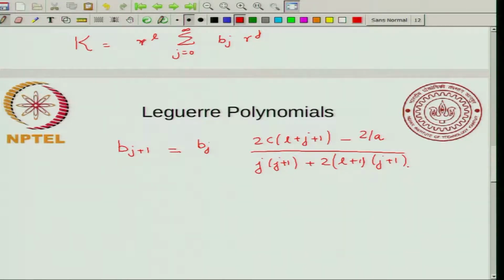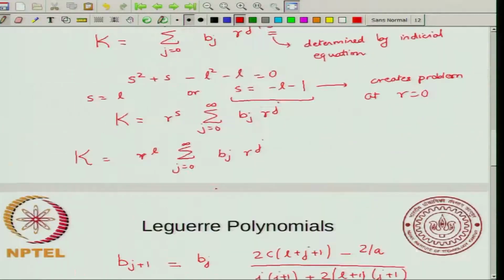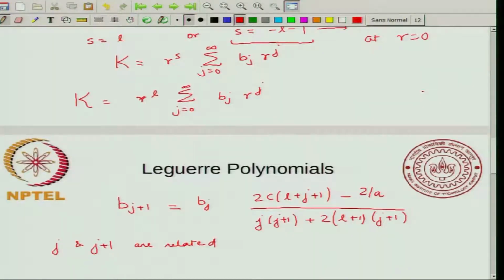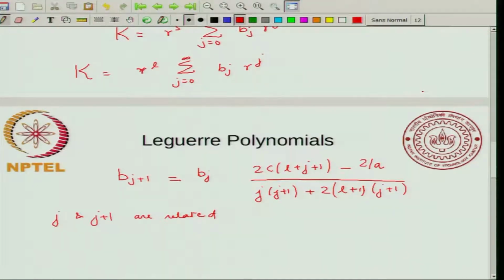What is important is that in this recursion relation j and j plus 1 are related. So you do not have only odd terms or only even terms, because your differential equation had a term with r k prime and an r square k prime, and similarly an r k here. So you get coupling between both j plus 1 and j, not just j and j plus 2.